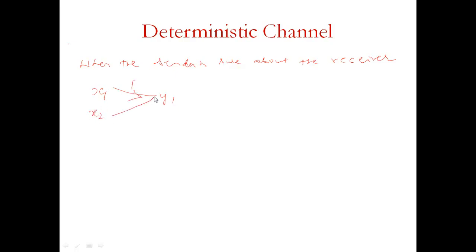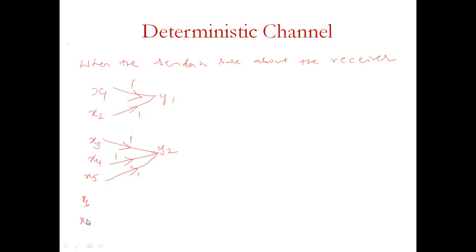Say x2 also transmits only to y1 with probability 1. But y1 may be receiving from x2 or from x1. I am just drawing an example here. Every time the sender is very sure about to whom it is transmitting, so you will never have any probability other than 1.